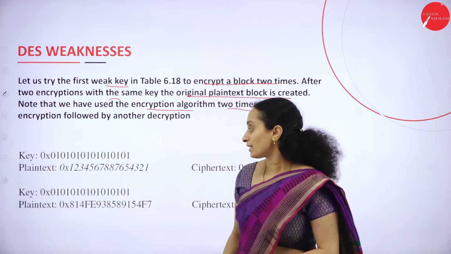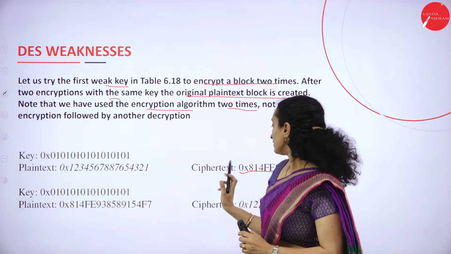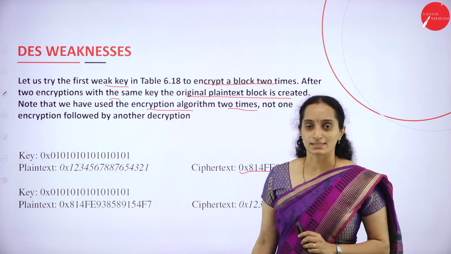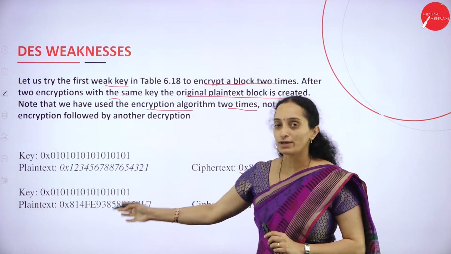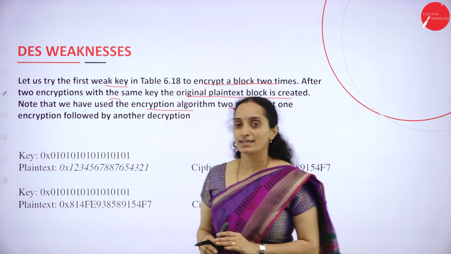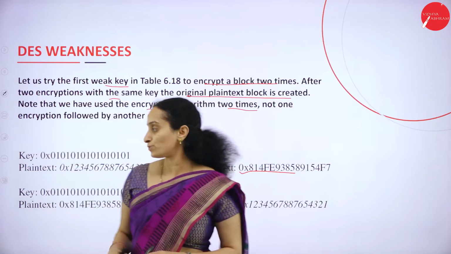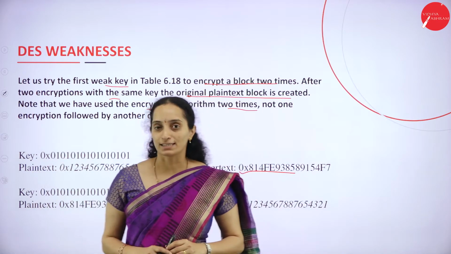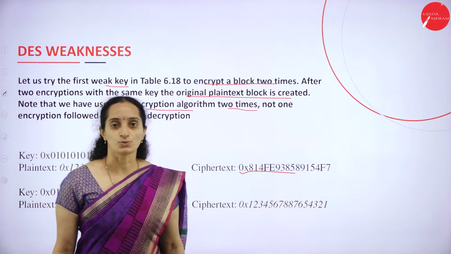When you apply the encryption algorithm with same key, this time this will be the plain text for the second time. This is the input. When you get this input, what you are getting? You are getting the original message 1, 2, 3, 4, 5, 6, 7, 8, 8, 7, 6, 5, 4, 3, 2, 1.